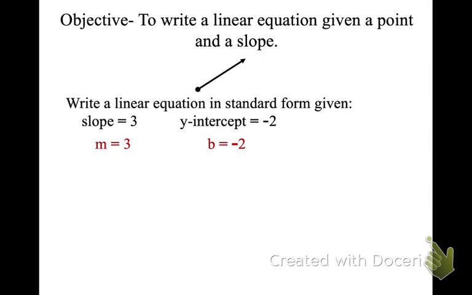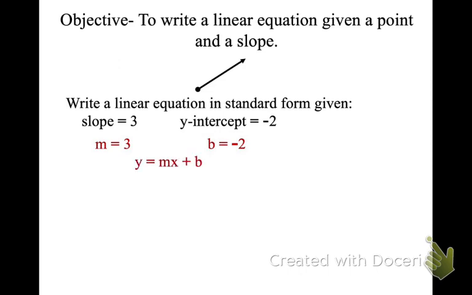Okay, I'll explain this. If we know the slope and we know the y-intercept, we can write the equation in standard form, right? This time they want it in standard form. Before we can do that, I have to put it into slope-intercept form, y equals mx plus b.